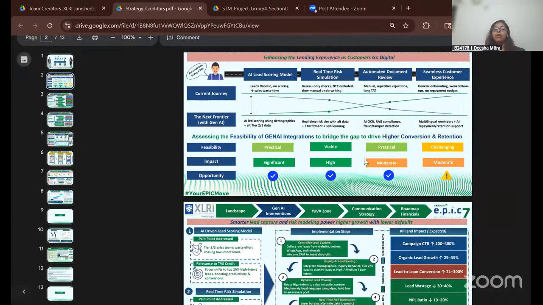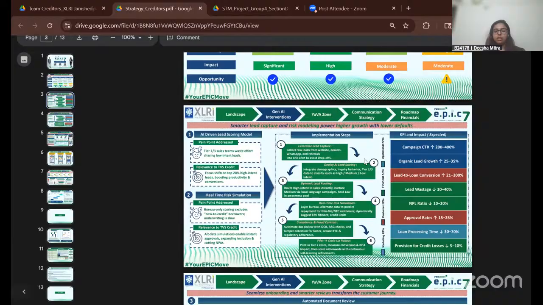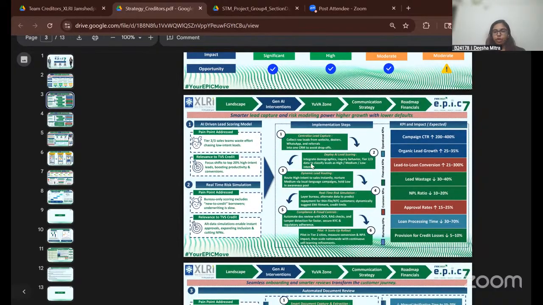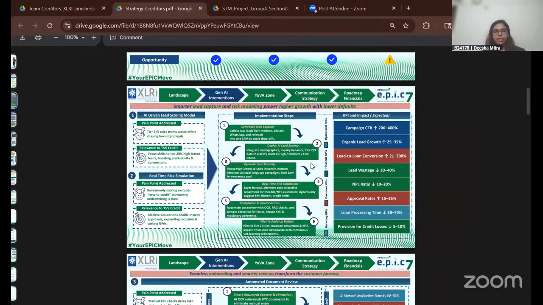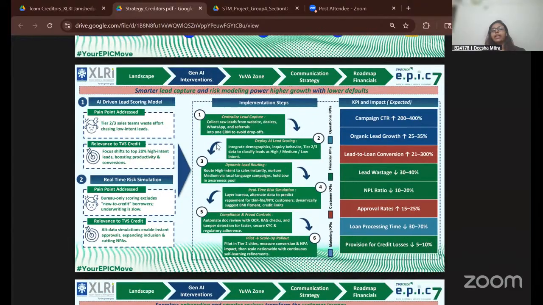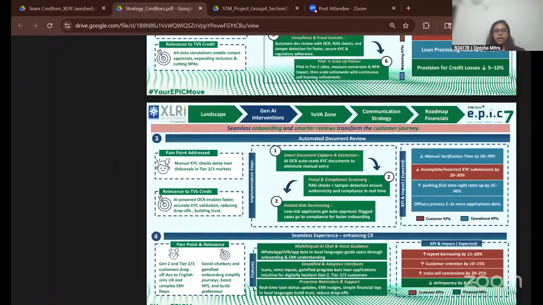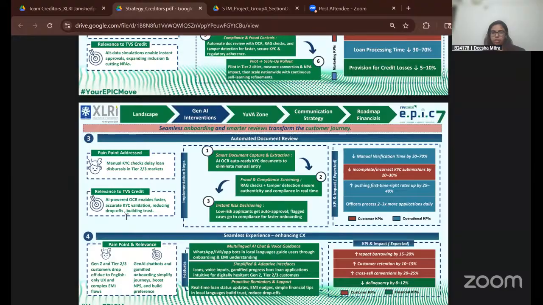Now here I'm talking about every solution in one page. For example, in this slide, there were four GenAI interventions; I took one, and I tried explaining it here and talking about the KPIs here. Then here you can see solution number three, and solution number four. I've tried to explain them better: what is the pain point that is getting addressed, how the solution is working, and what the KPIs are.